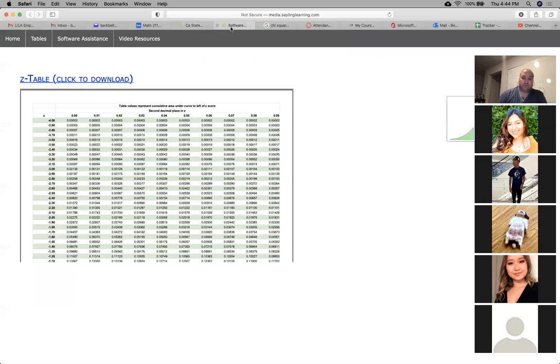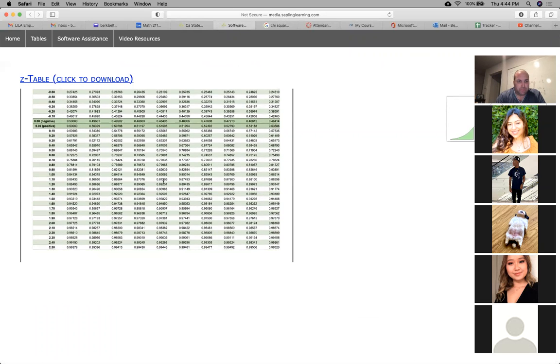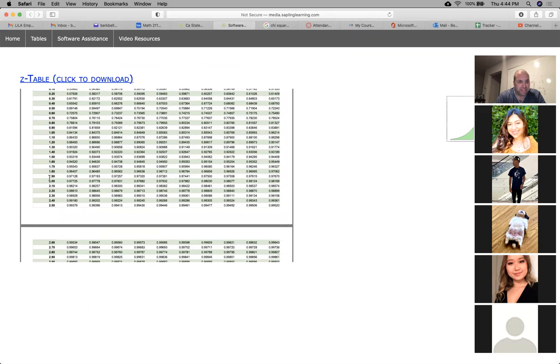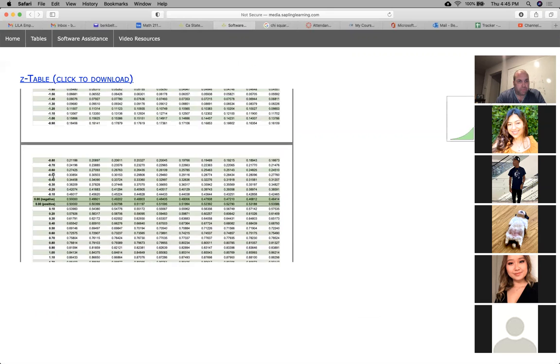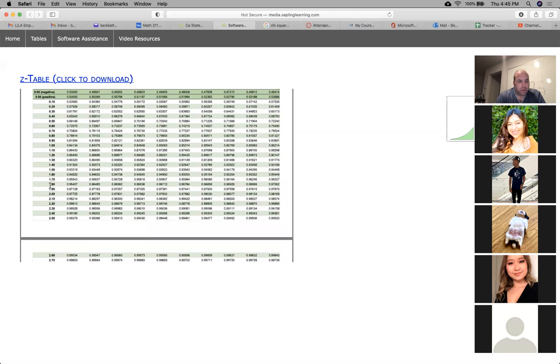So now I can go back to this one. What is the probability of being less than 1.975? Well, let's find 1.975. Here's 1.90, 1.901, 1.902, 1.903, 1.904, 1.905, 1.906, 1.907.